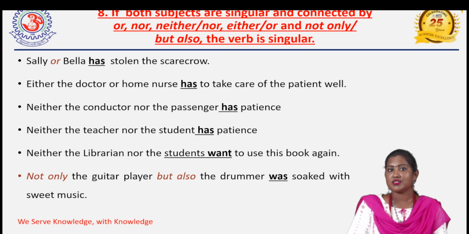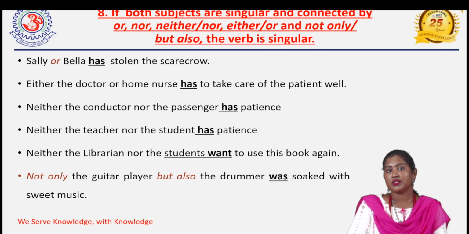Neither the conductor nor the passenger has patience. So altogether we mean either the conductor or the passenger. Sometimes neither the conductor nor the passenger. So everything should go with the singular verb form only, as per the grammar rule. And next one, neither the teacher nor the student has patience.